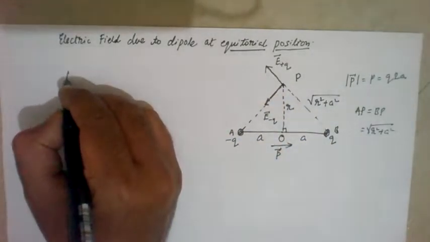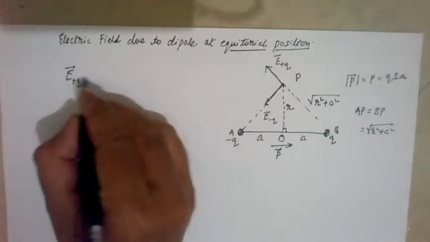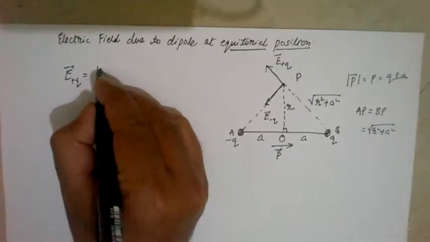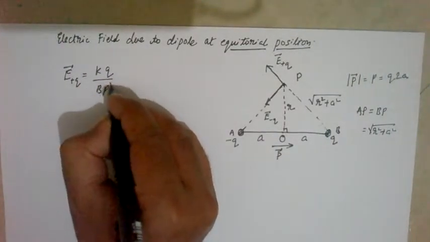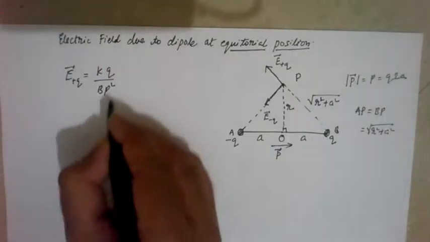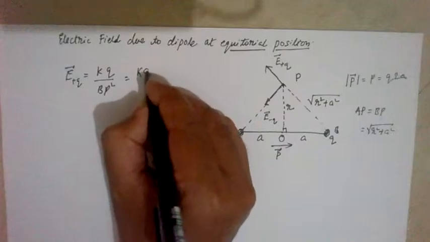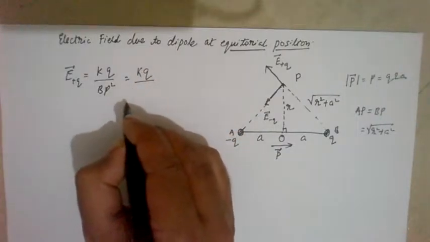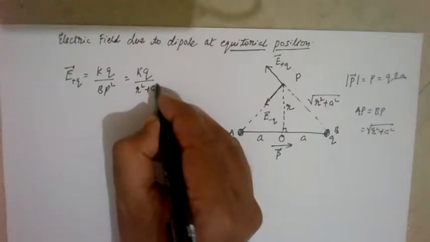Now what is the field at this point P due to the positive charge plus q? The electric field produced by plus q charge is equal to kq upon BP square. This is the magnitude of the field, and BP square will be r square plus a square.